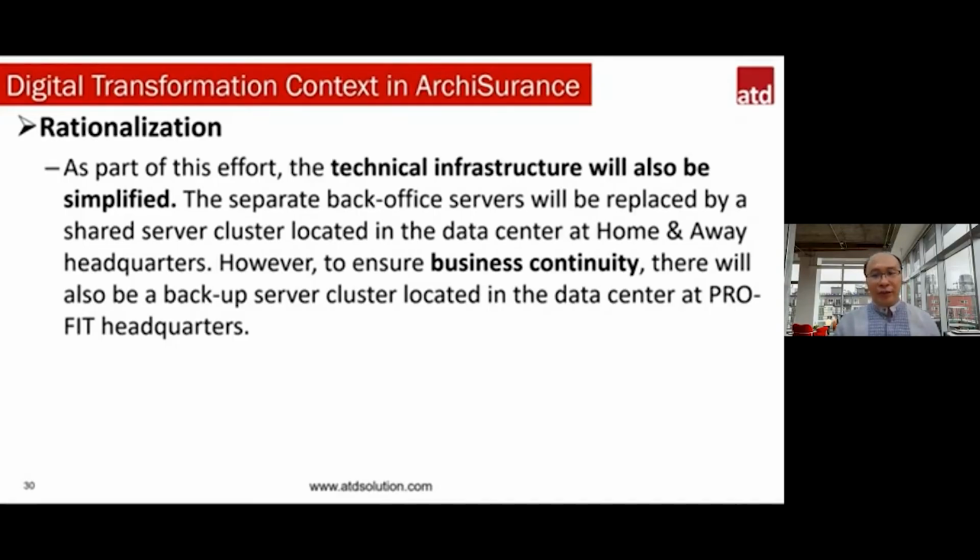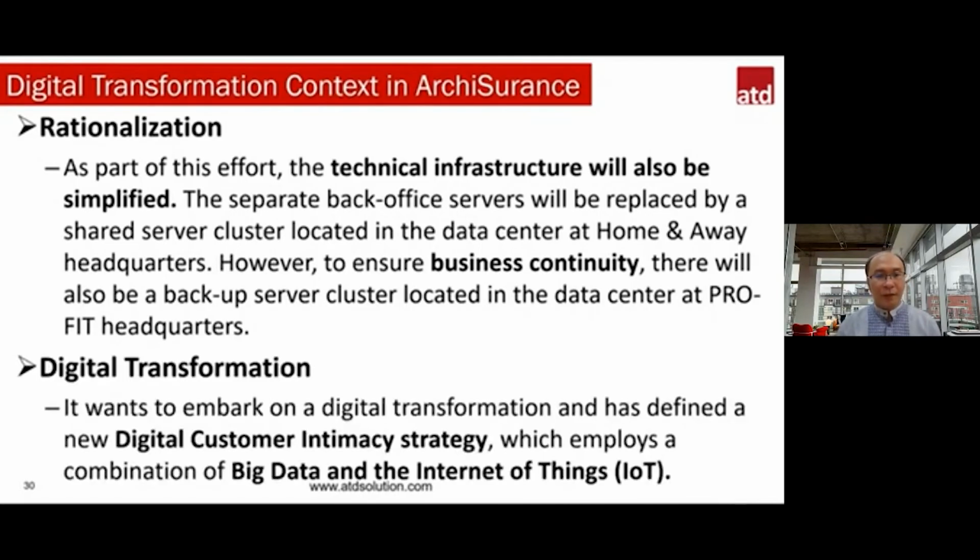So we need to make sure that there will be a backup cluster to support the data center at the headquarters. And the most important thing, they want to leverage the latest technology and also embark on digital transformation. Their digital transformation tagline is called Digital Customer Intimacy Strategy.